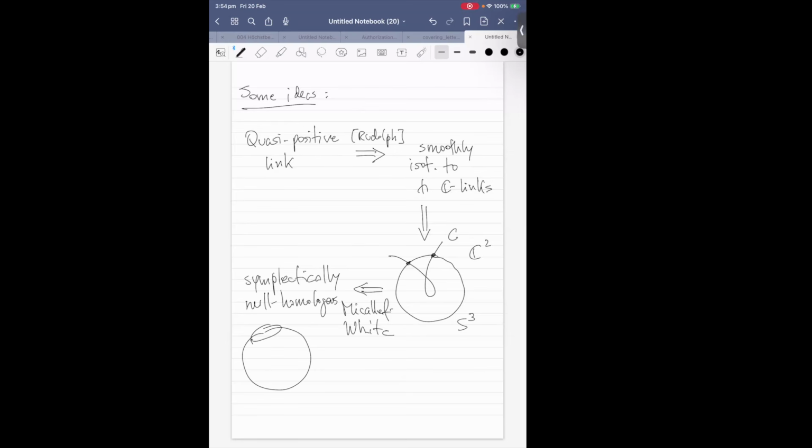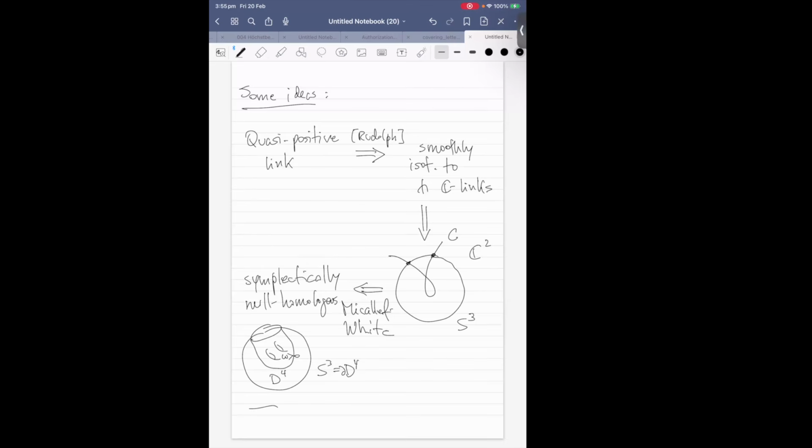Inside D4, where S3 is the boundary of D4, they span a symplectic surface.